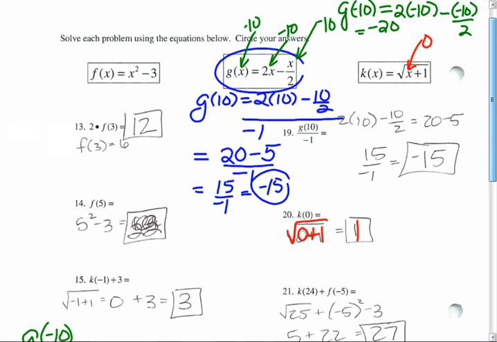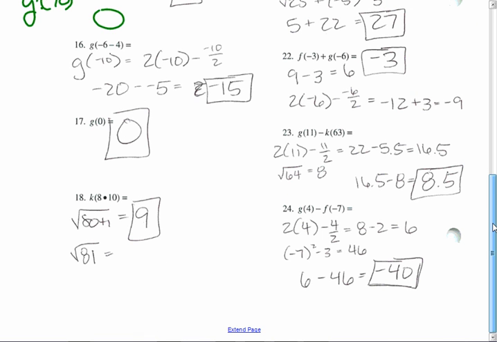Here's where you're going to make mistakes, Colin. 2 negatives make a positive. And what's 10 over 2? 5. Very good. So this is what? Negative 15. If we all follow the same rules, we'll all get the same answer. There it is. This is going to be k of 80.